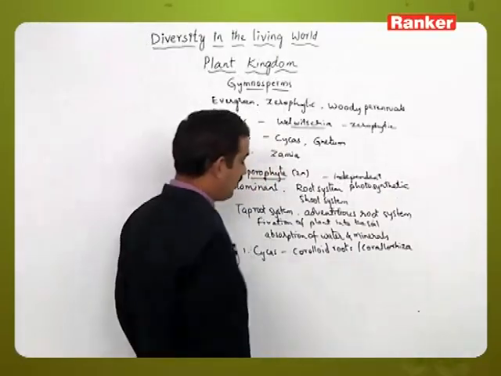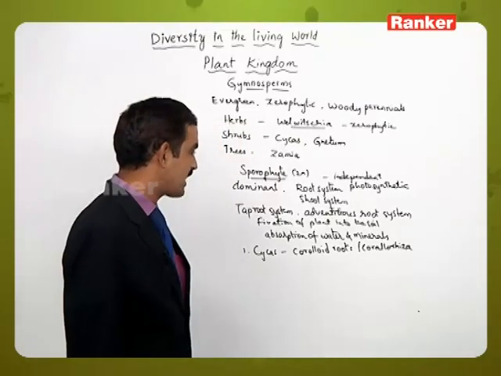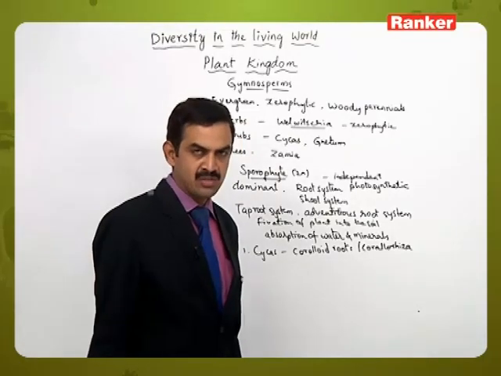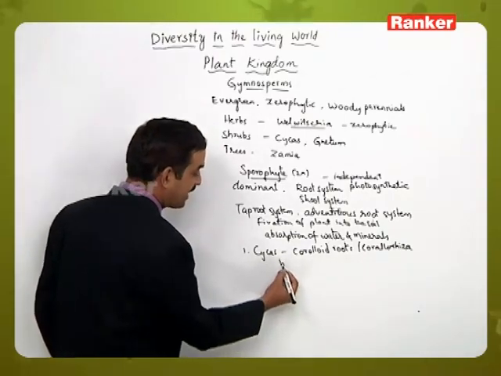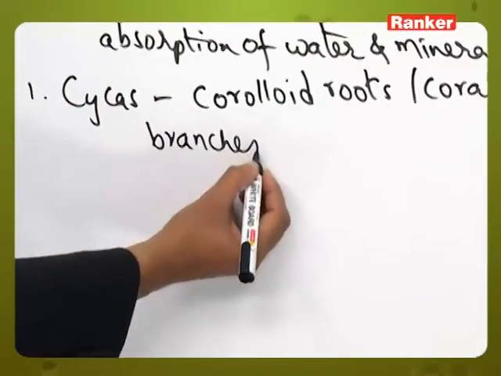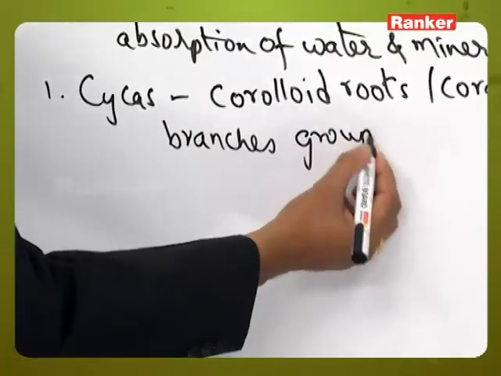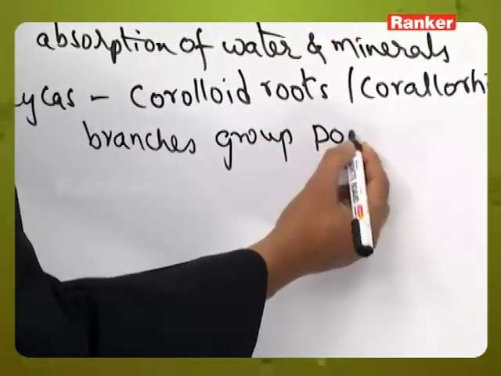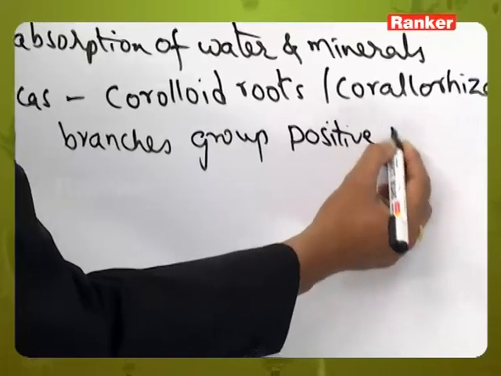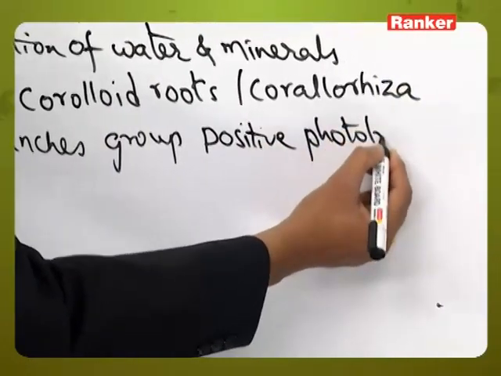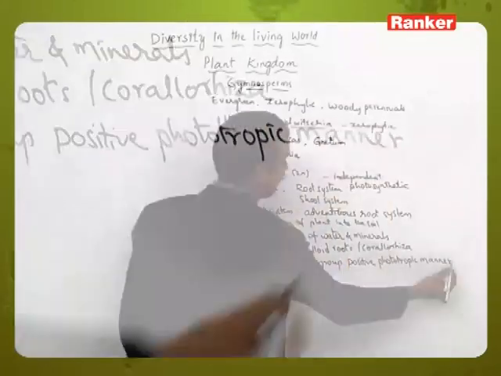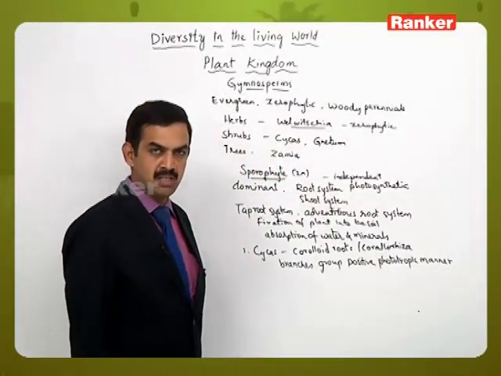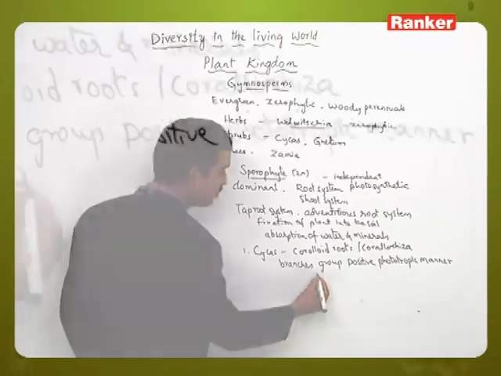Morphologically the roots appear like coral-like structures, that's why these are called corallorhiza. Some of the branches of the roots grow in a positive phototrophic manner, but they do not come above the surface of the soil. This type of growth is called apogeotrophic growth.